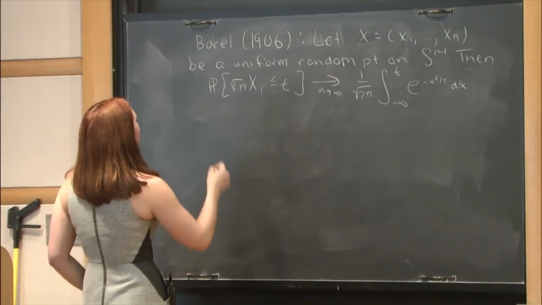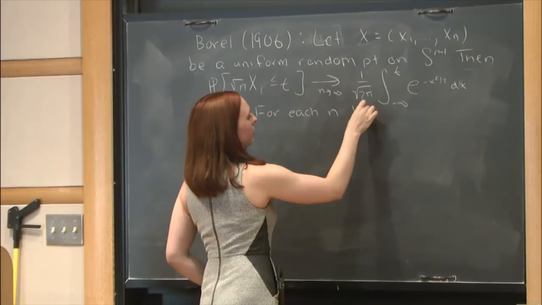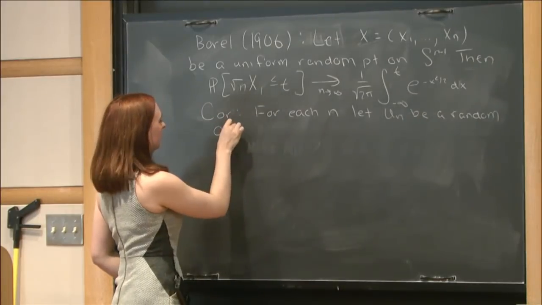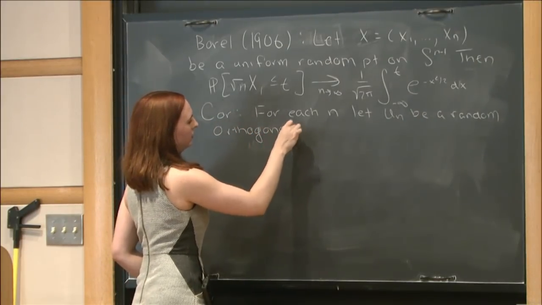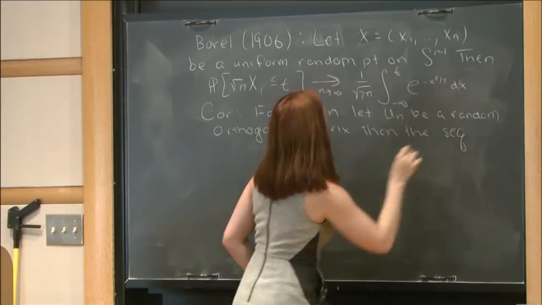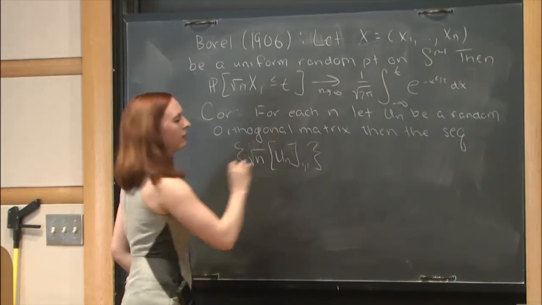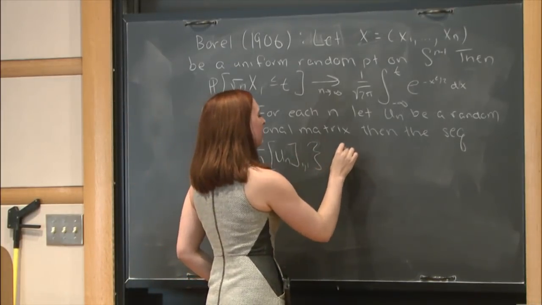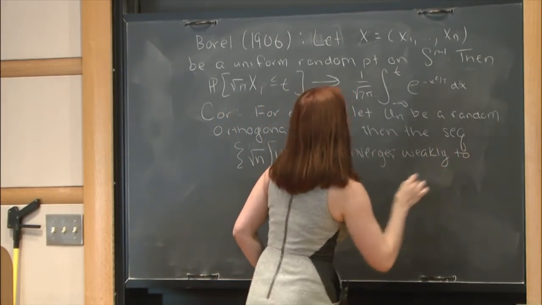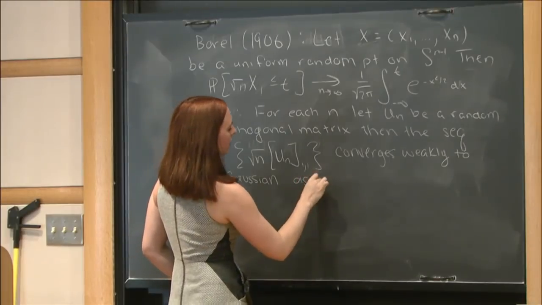Okay? And so as an immediate corollary to this, if for each n we let U_n be a random orthogonal matrix, then the sequence of root n times the 1,1 entry of our random matrices converges weakly to the Gaussian distribution as n goes to infinity.